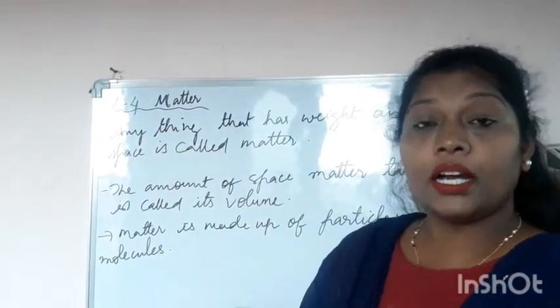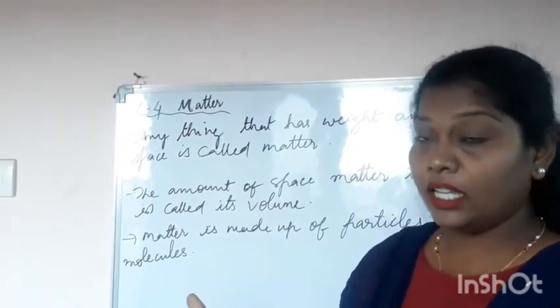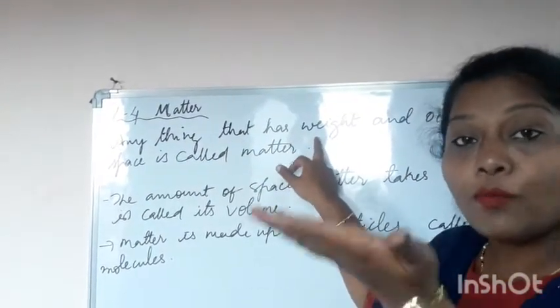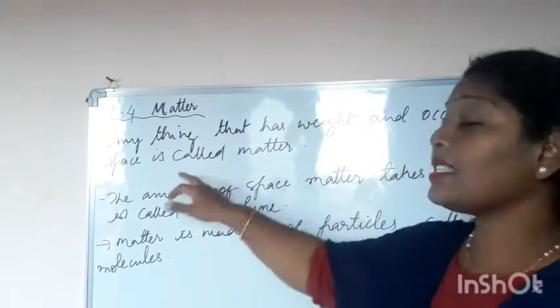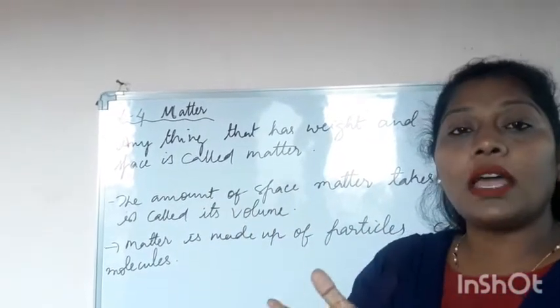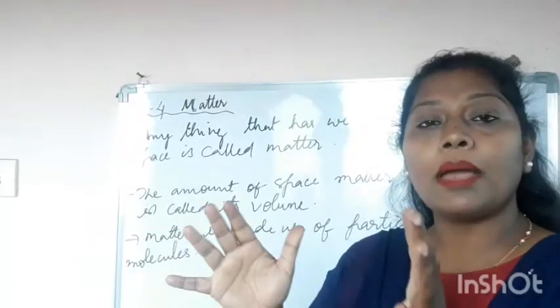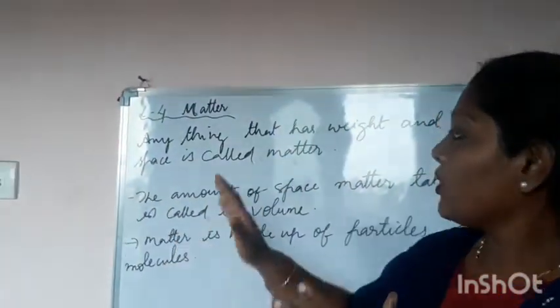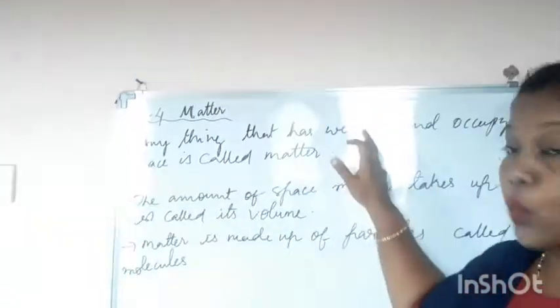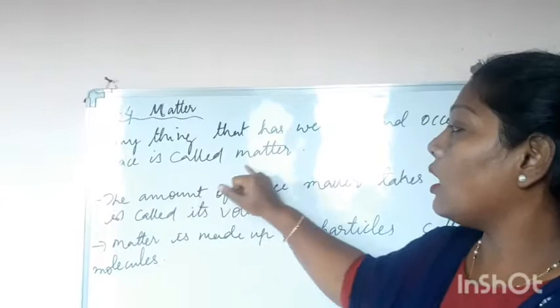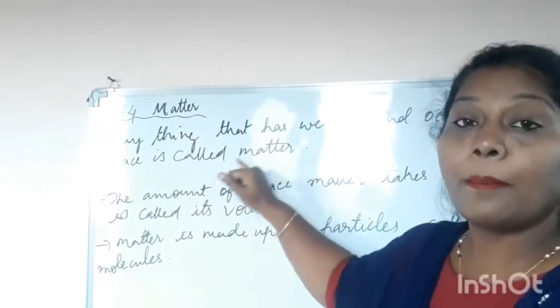It could be a living thing or a non-living thing. Anything that has weight, it should have some weight and occupy some space. If you keep an object at a particular place, it has to occupy a minimum amount of space.